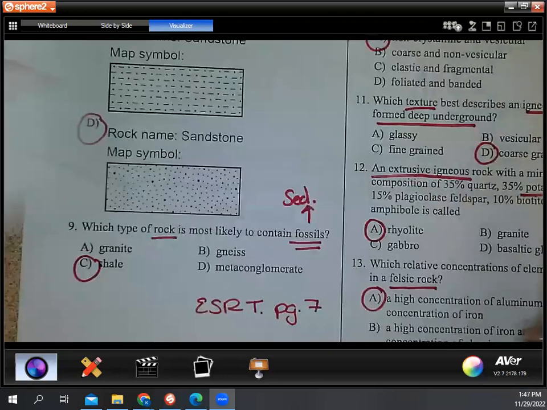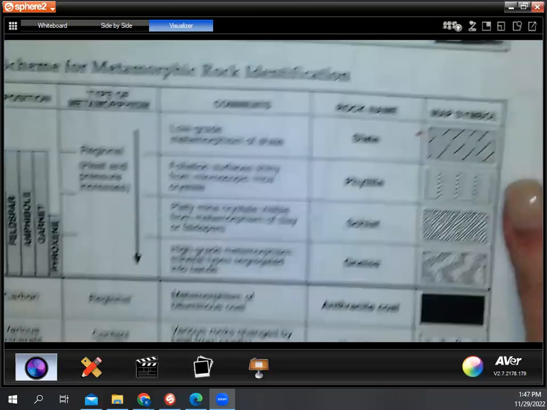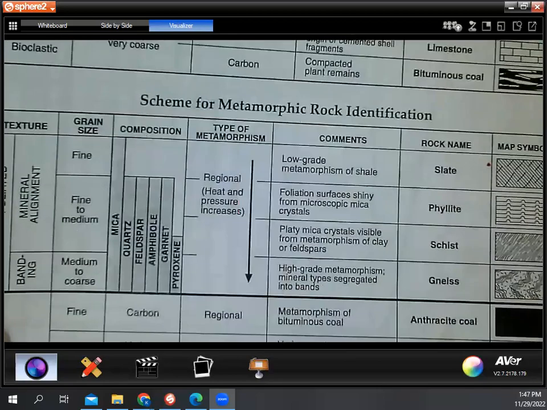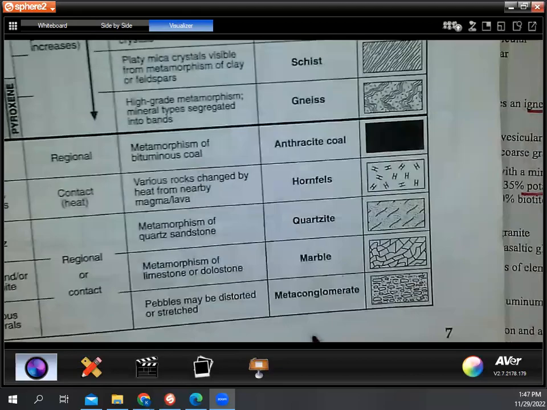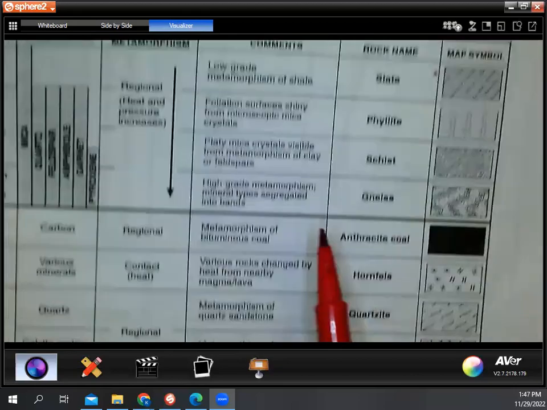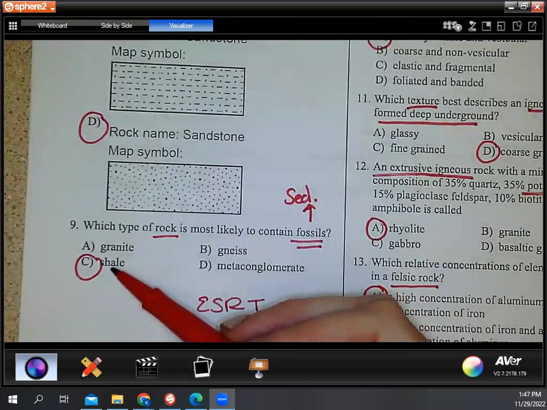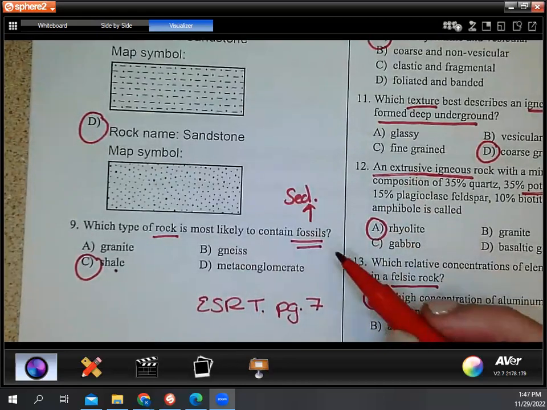No fossils there. Then I'm going to go to gneiss. I search all the names on the tables. Gneiss is a metamorphic rock, so no fossils there. Metaconglomerate, that's on my metamorphic rock table. No fossils there. C is a sedimentary rock.